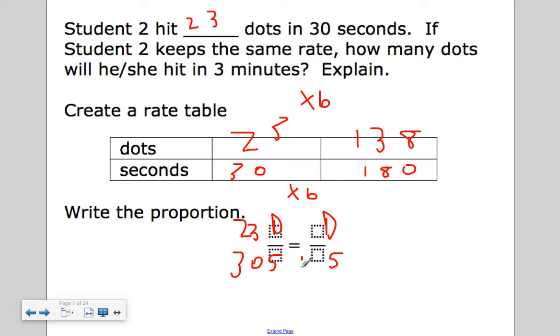I'll be honest, it's almost like a table. A table is a little more straightforward. That's why many students say, I prefer writing it as a table. But we need to know that this is equivalent to this. So what do you multiply 30 by to get 180 seconds? Times 6. And hence, 138 dots in 180 seconds.